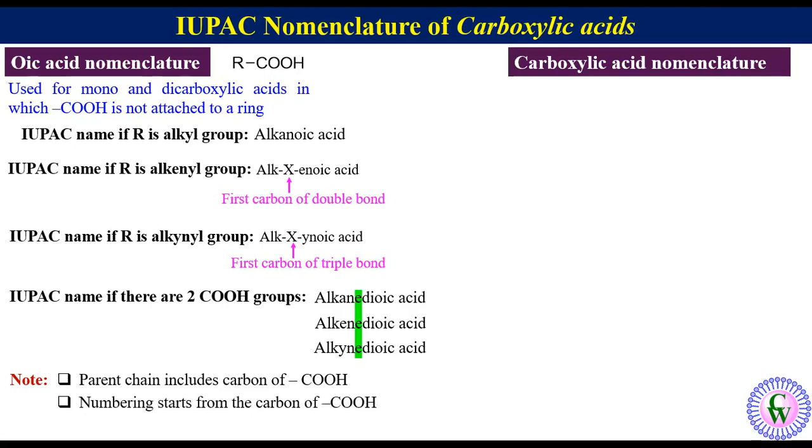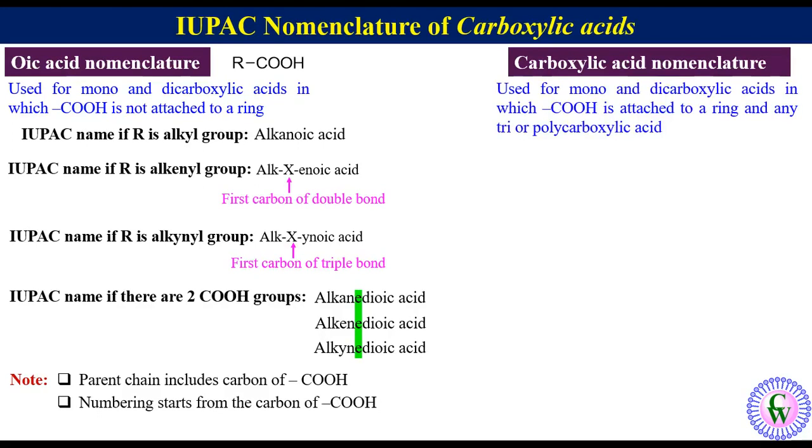carbon. Coming to the carboxylic acid nomenclature, it is used for mono and dicarboxylic acids in which carboxylic group is attached to a ring, and also for any tricarboxylic or polycarboxylic acids.